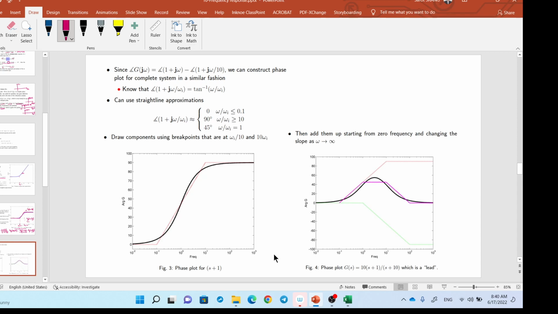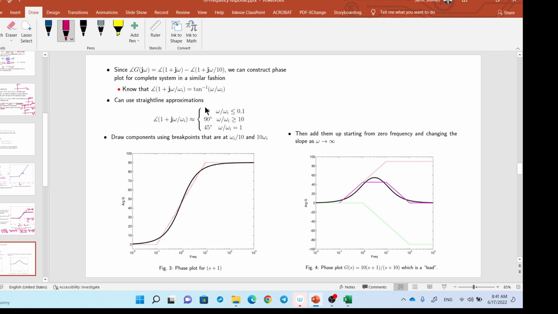All right, then let us see the phase. Similarly, for phase, you need to draw asymptotes. So we have the split phase as well, the split terms. This one is from the numerator, this one is from the denominator. And similarly, we need to find asymptotes.